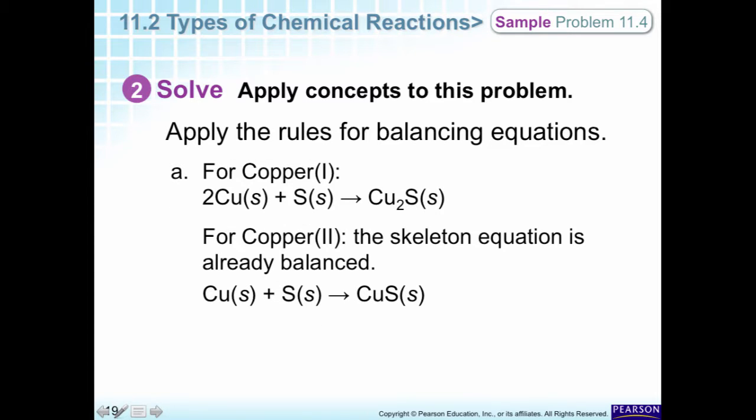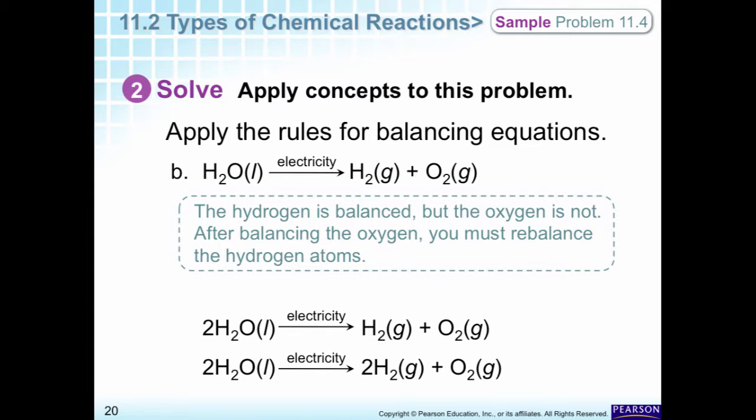For the copper 1 situation, we would have to put a 2 here, and now it's balanced. As I said, the second one is balanced in the skeleton form. In this case, we have more oxygen on this side, so we'd have to put a 2 there. That changes our hydrogen, so we'd have to put a 2 here also. I'm going to go back just to review that. That's all we have to do.